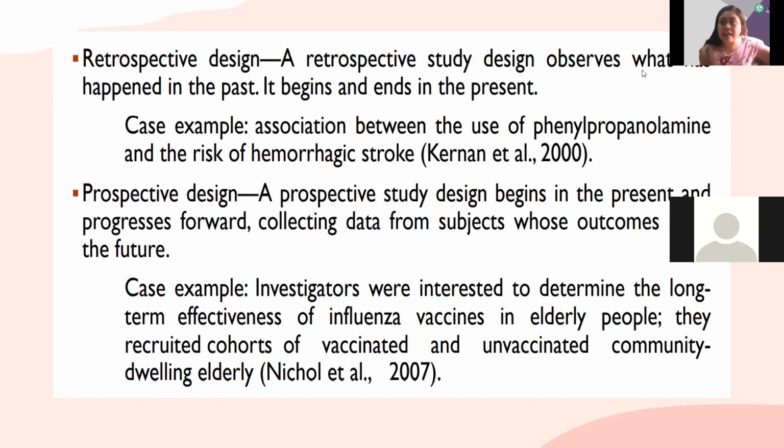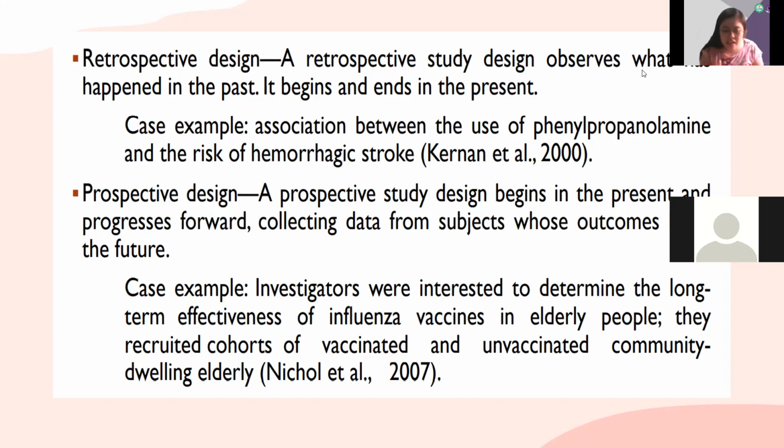We call it retrospective. So we have here an example of a retrospective design: association between the use of phenylpropanolamine and the risk of hemorrhagic stroke. When you say stroke, there is like obstruction in the blood vessel, and kapag magkaroon o injury with the blood vessel membrane, and then mag-leak ang dugo, so that will be hemorrhagic stroke.